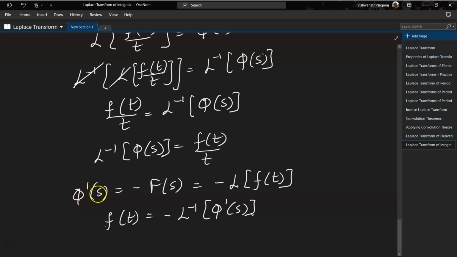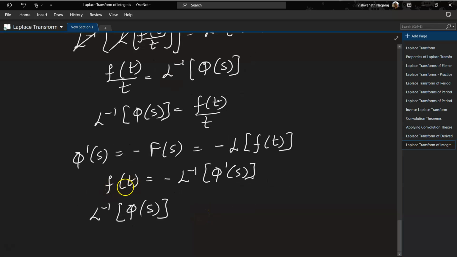So Laplace inverse of phi prime of s, and this minus from this side we are taking it to the other side, right? So f of t can be written as Laplace inverse of phi of s times t. From where did this suddenly come? Look at this. This t, if we bring it to this side, we get Laplace inverse of phi of s times t is equal to f of t.